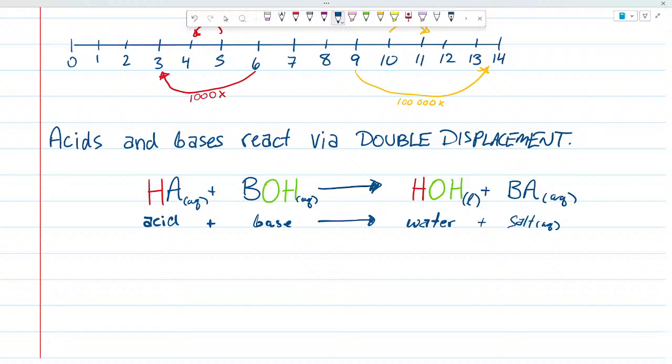It just means it's the leftover aqueous components. So that's the general form. So acids and bases react to neutralize one another.